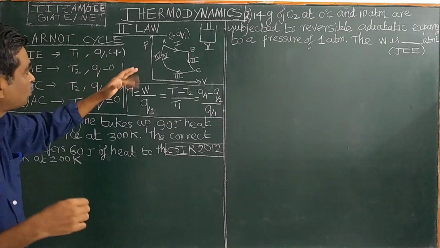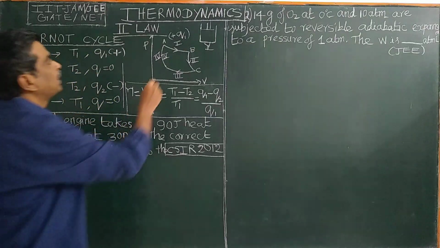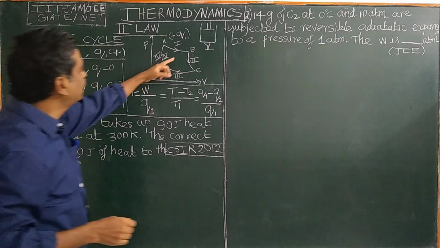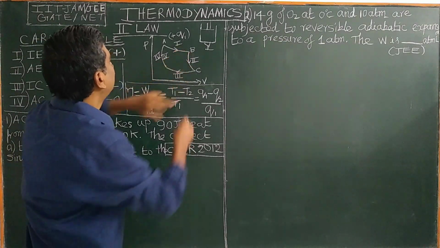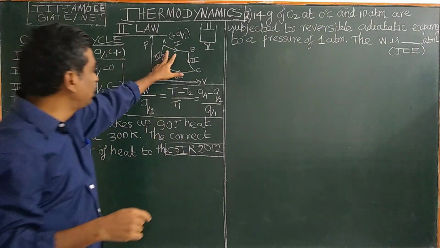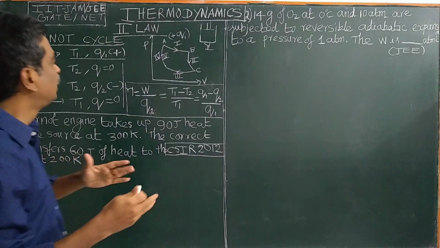Since the isothermal expansion takes place at constant temperature, the temperature is constant, and delta H equal to 0, delta U equal to 0, delta T equal to 0. Please see the previous video so that you will understand everything.